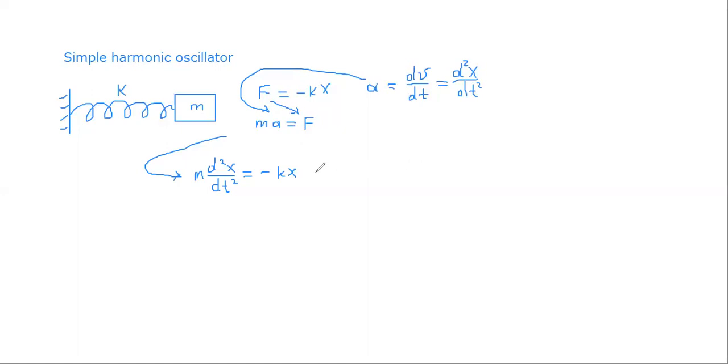And let's make some algebraic changes and rewrite this equation in this way: d2x by dt2 plus k divided by m x is equal to 0.